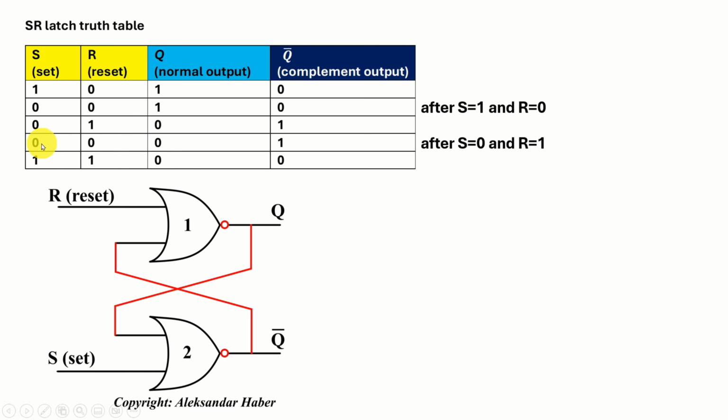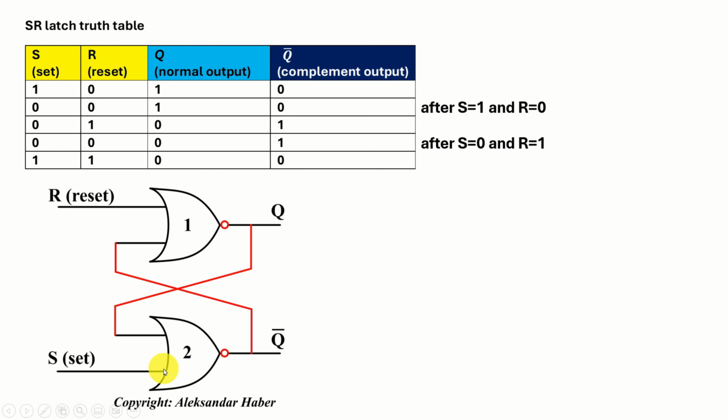Next, we have the case where both set and reset are 0, and this happens after set is equal to 0 and R is equal to 1. That is, it happens after this case over here. Now, let's analyze the circuit. Over here, set is 0. However, the previous value of Q was over here 0.